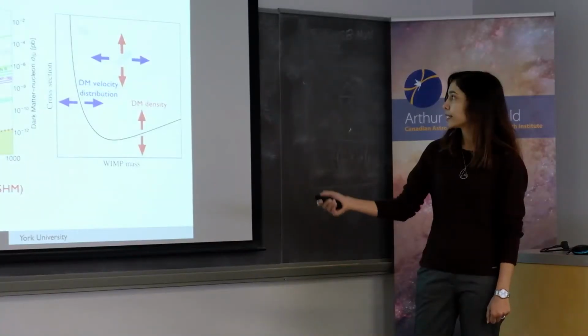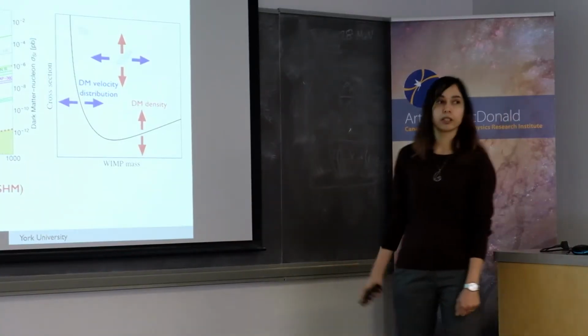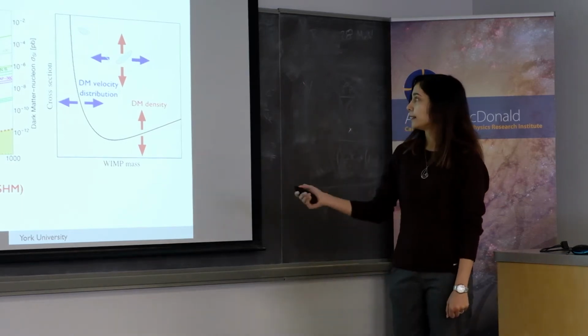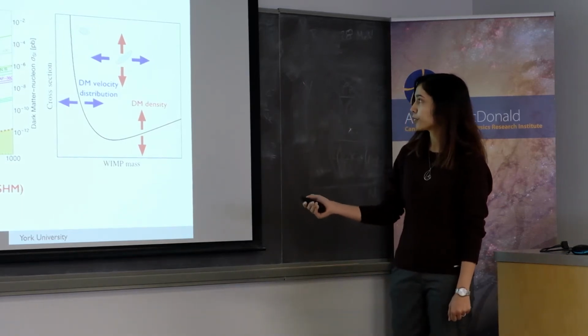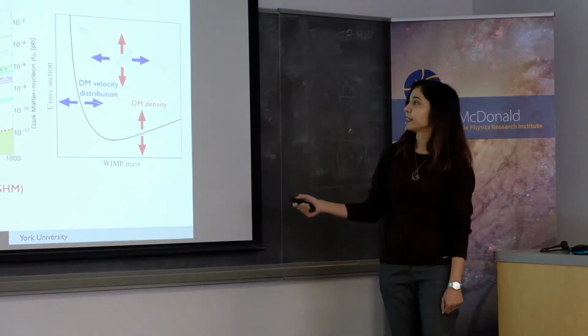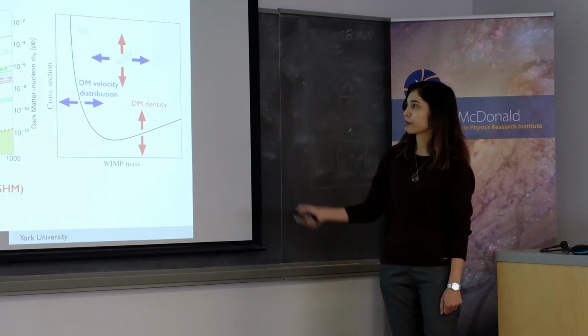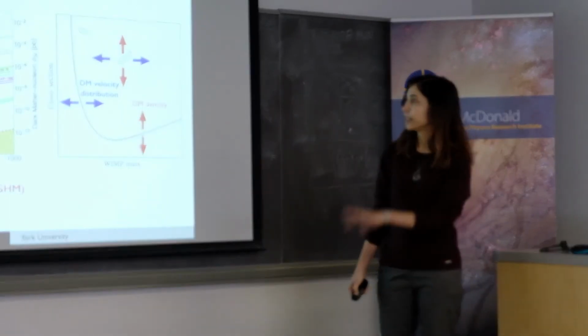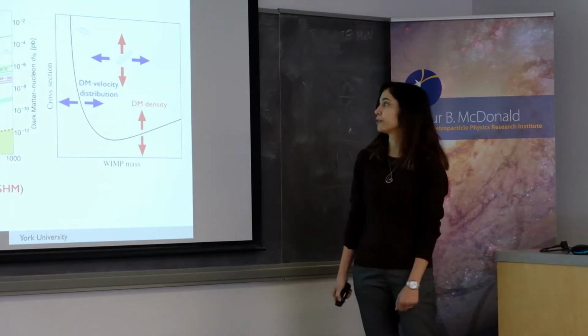But the point is that by changing the local dark matter density, these limits would shift up and down, and for the local dark matter velocity distribution, usually it's more complicated, but usually you'll see that it shifts towards right or left if you consider changes in the tails of the distribution.